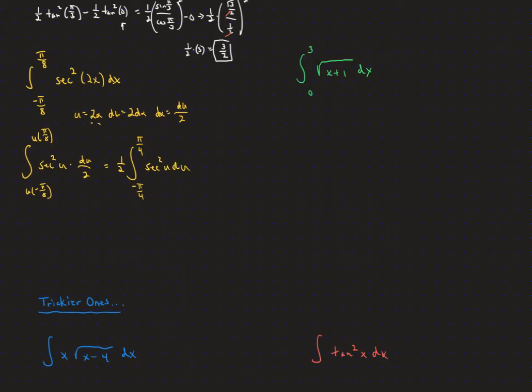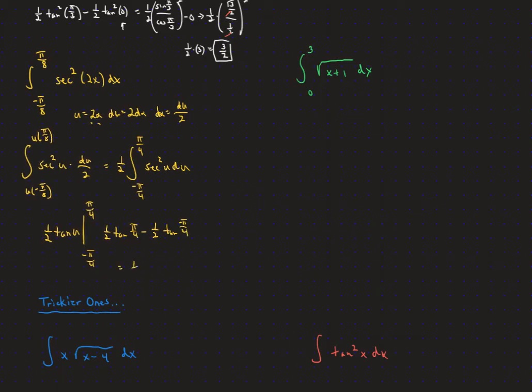So the integral of secant squared, the function whose derivative is secant squared, is tangent. We'll leave the 1/2 in front, the constant. Because we have changed our limits, we do not have to go back to the x's. We're going to go right to plugging in those u limits. So that's going to be 1/2 tangent of pi over 4 minus 1/2 tangent of a negative pi over 4.